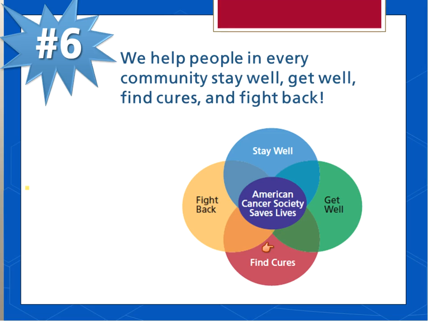Find cures. We're getting results by investing in research that helps us understand cancer's causes, determine how best to prevent it, and discover new ways to cure it. And finally, fight back. We help pass laws that defeat cancer, and we rally our communities to join in that fight. And we will dive a little bit deeper into these 4 categories a little bit later on.